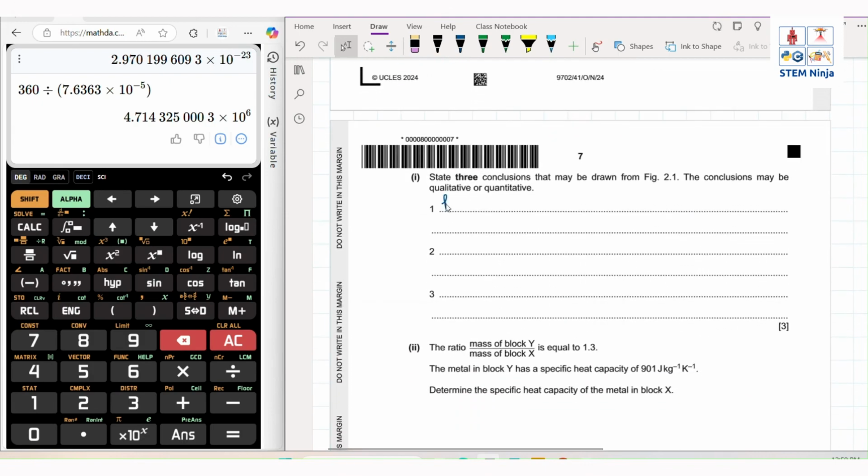So this is the first observation that we can make. So the heat capacity of y is 3 times larger than that of x because the drop in temperature of x is 3 times the gain of y.